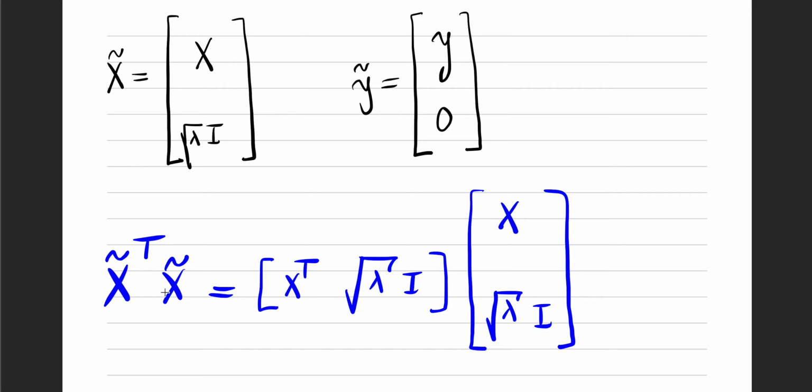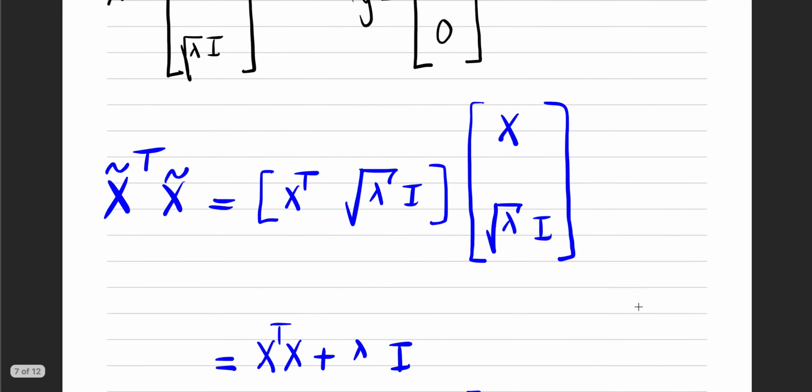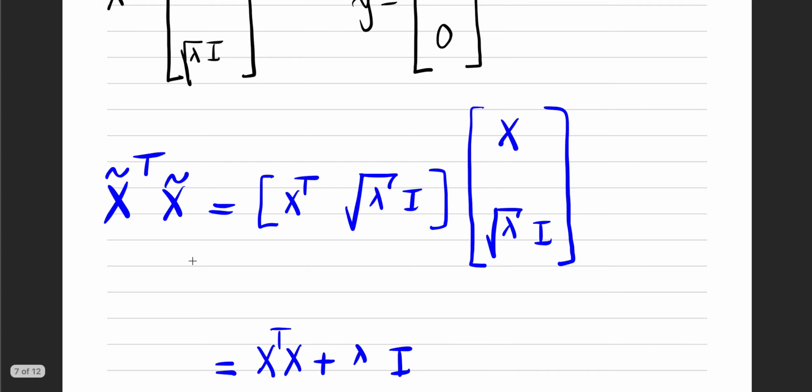So X tilde transpose X tilde: we have to multiply this by this and this by this. So X tilde transpose X tilde is X transpose X plus lambda I.